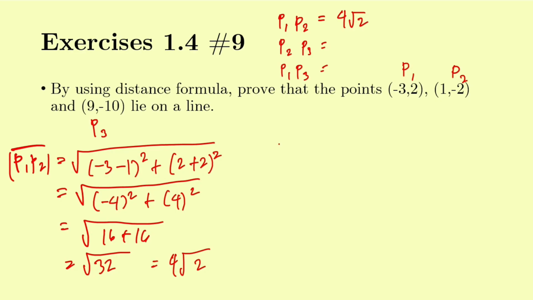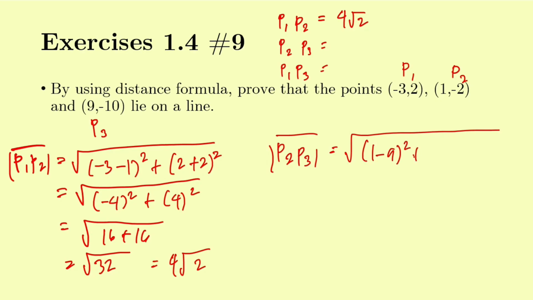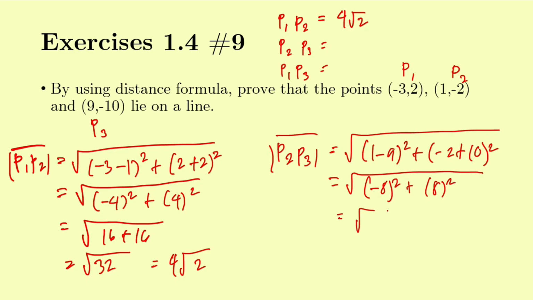Next, for P2 and P3, let us use the distance formula. 1 minus 9 squared plus negative 2 plus 10 squared, and that's equal to negative 8 squared plus 8 squared, square root of 64 plus 64.